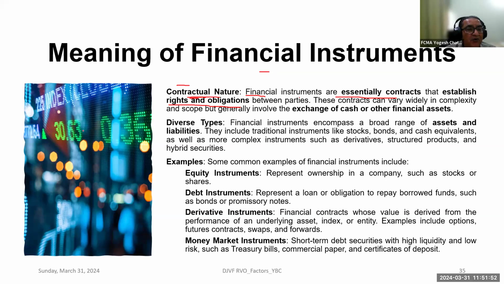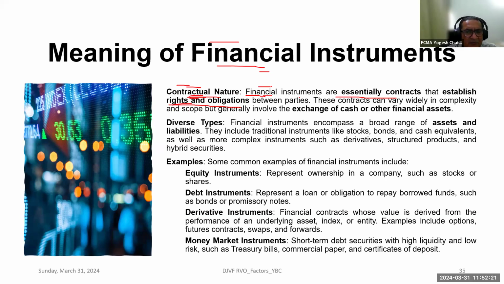Whereas an option contract, which is also one of the financial derivatives, one of the financial instruments, is contingent in nature. The buyer of the contract has a right but not an obligation. Right but not obligation. That is very important. The nature of the contract will determine the rights and obligations of both parties, the buyer and seller.